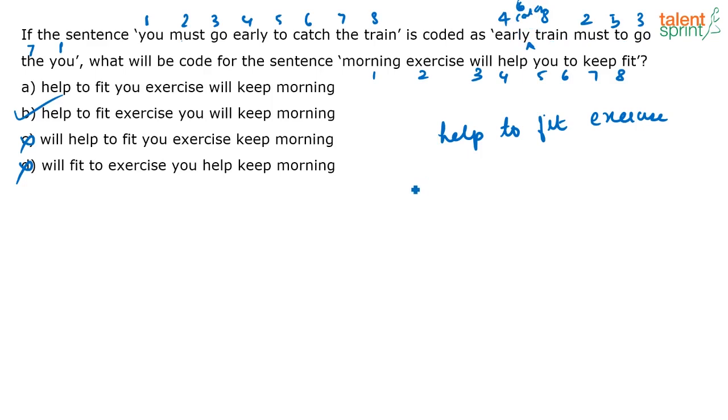So the pattern that they have used is 4, 6, 8, 2, 5, 3, 7 and 1. That was the pattern that they have followed. Same pattern you will have help, to, fit, exercise. Correct answer is option B. So by looking at the first 3-4 letters itself, you will be able to arrive at the answer. Okay, I hope it is clear. See here there was a word missing, catch was missing here. Catch position here was 6, it has come second here.